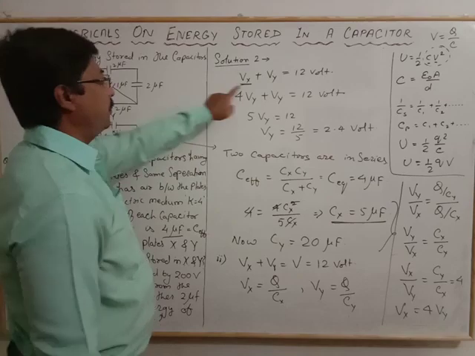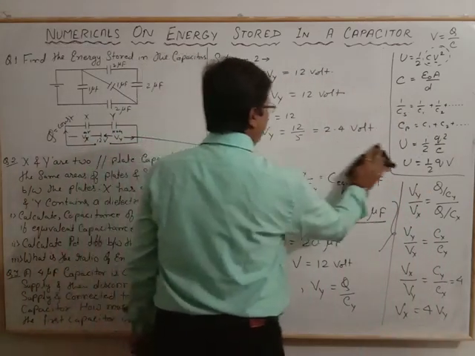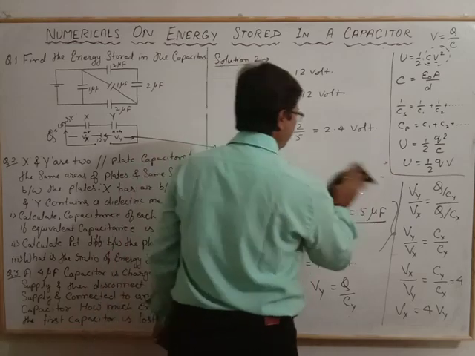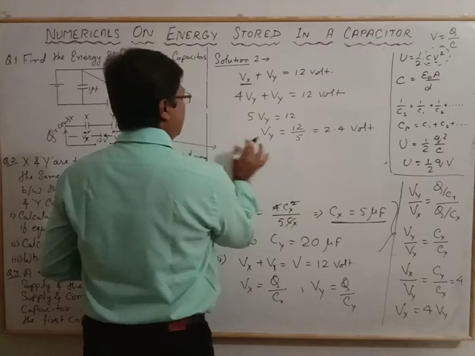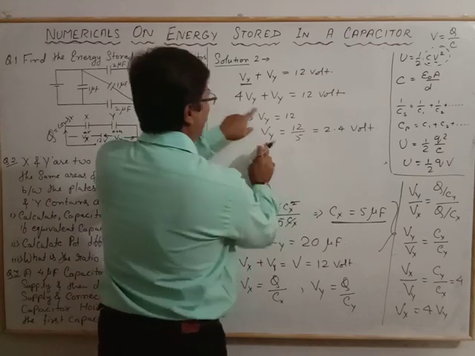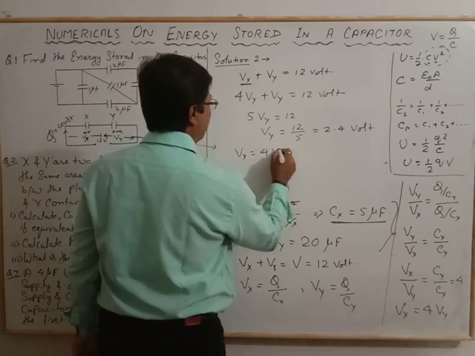Now the net value of the potential is 12 volt. We have Vy, and the Vx relation is Vx is equal to 4 times Vy.